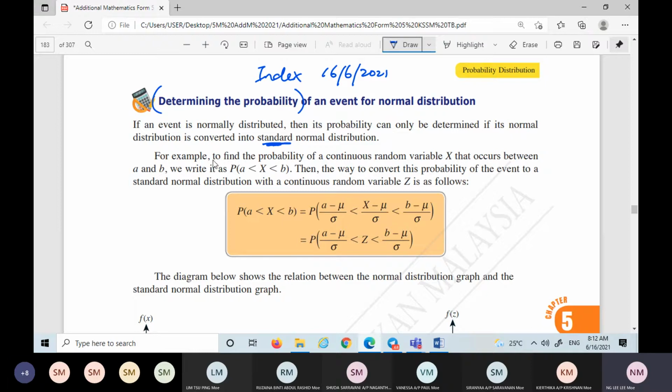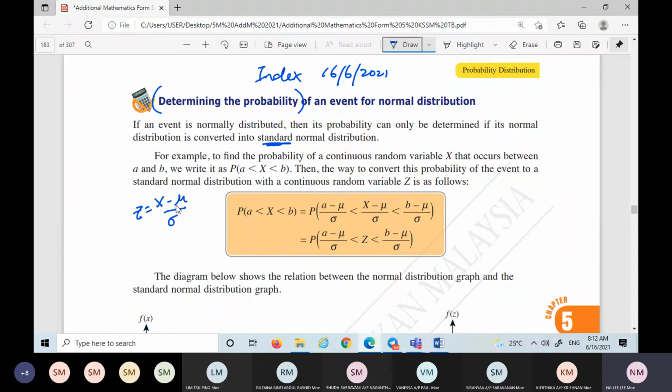For example, to find the probability for a continuous random variable X that occurs between A and B, this one you have learned, if from A to B, then we write it this way. Then you want to convert it into a standard normal distribution. So follow the Z-score formula: Z is equal to X minus mu divided by sigma.